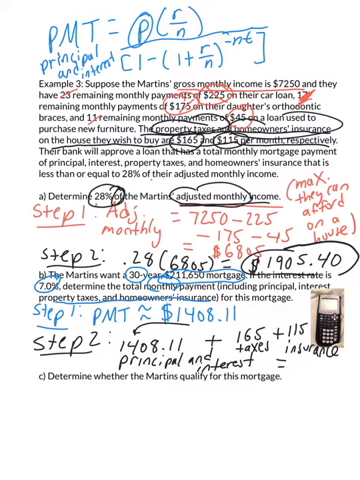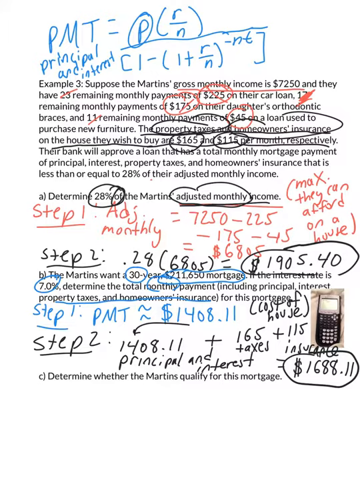So let's just simply add up all the numbers. 1408.11 plus 165 plus the 115 gives us a grand total monthly payment, when our bill comes in the mail, of $1,688.11 would be that total monthly payment on their mortgage for this house that they're interested in buying. So all of part B, the theme was the cost, I'll just put off to the side, of the house they want to buy. They're not making any of these payments yet. So I just put cost of house in parentheses.